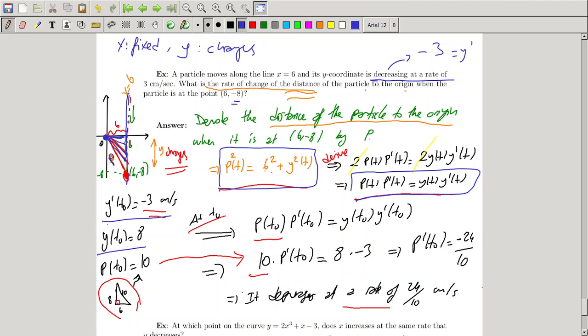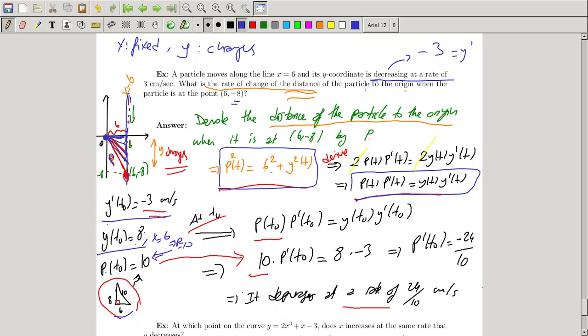Is it that point when the particle is at the point (6, 8)? And p at t0 is equal to 10. Why? Because whenever y is equal to 8, x is equal to 6, so it means p will be equal to 10. I have that from that triangle.